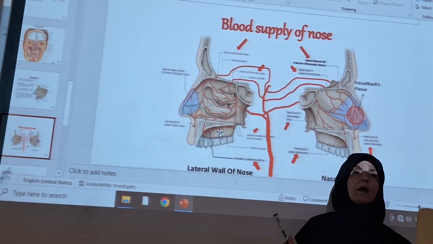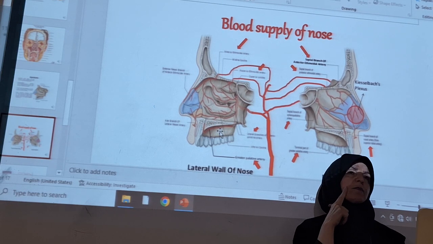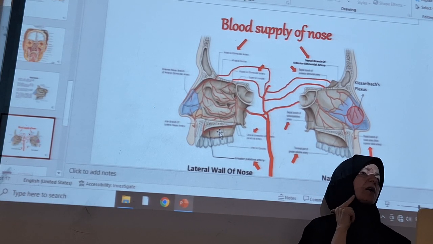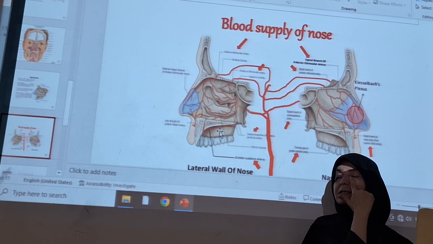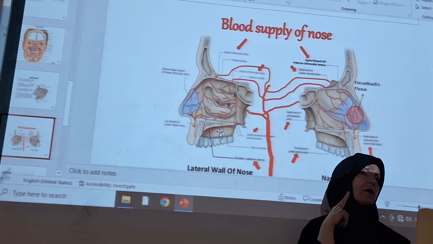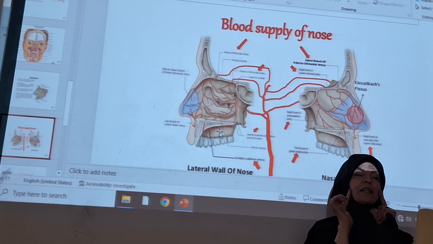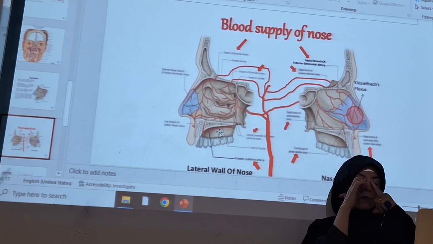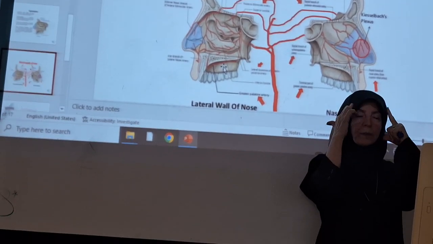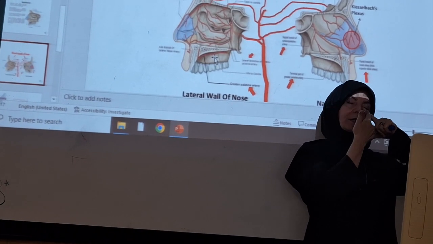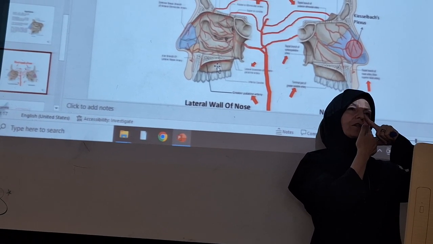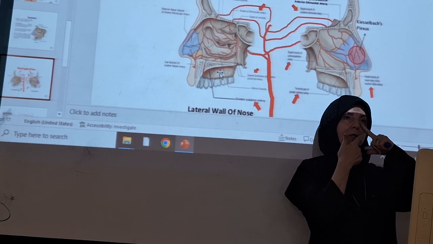Do we get that? Now, what's the name of this artery that belongs to the external carotid and goes to the medial surface of the eye? We call it the facial artery. This facial artery goes toward the medial angle of the orbit. It has some branches for the nasal cavity, some for the oral cavity, and for the lip.